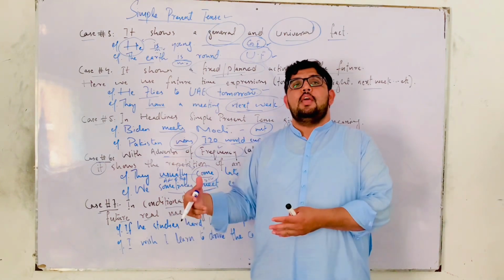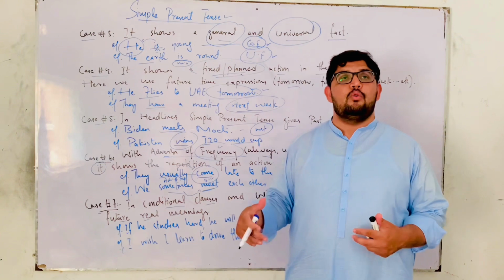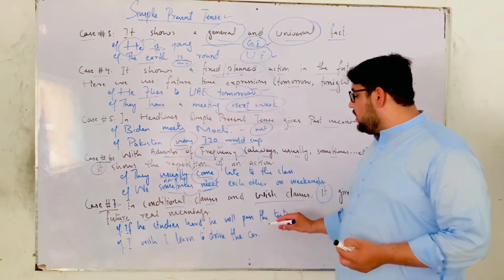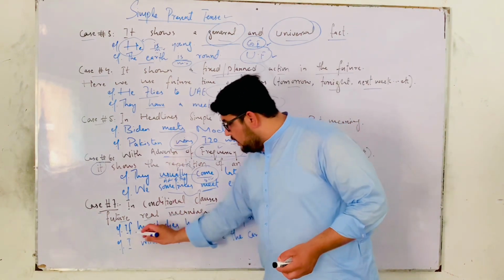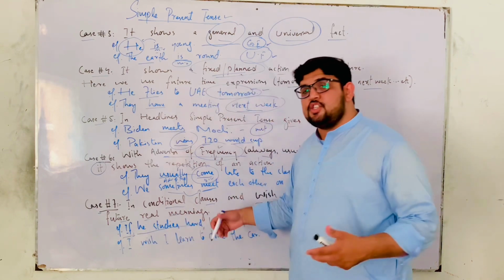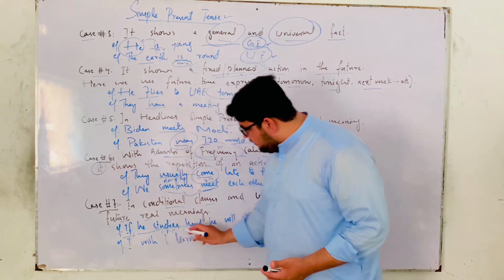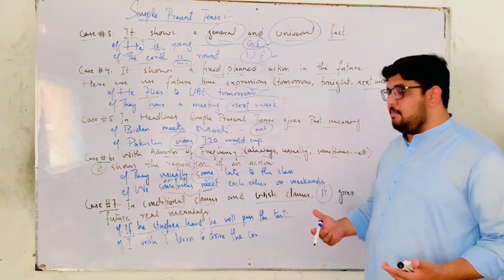It means they have a future connection with a condition or with someone's wish. For example, if I say, if he studies hard, he will pass the test. So with if we use simple present tense, it makes a conditional clause. In a conditional clause, simple present tense is used, and it shows a future result, or it gives a future real meaning.